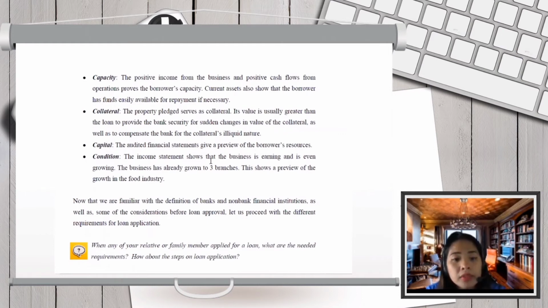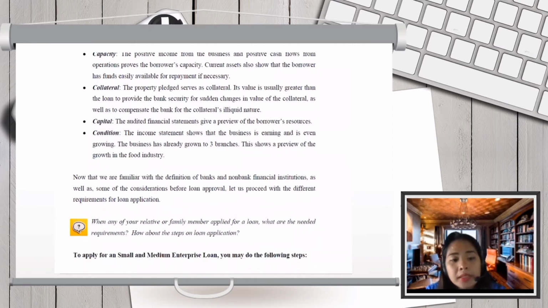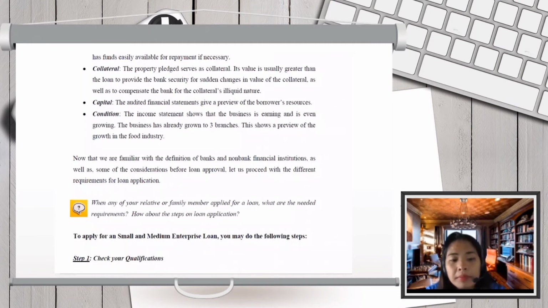Condition, the income statement shows that the business is earning and is even growing. The business has already grown to 3 branches. This shows a preview of the growth in the food industry. Okay? Ayan. So, ibig sabihin, ano ba sa tingin nyo? Papautangin ba siya or hindi? Kumikita naman based on the 5 C's.